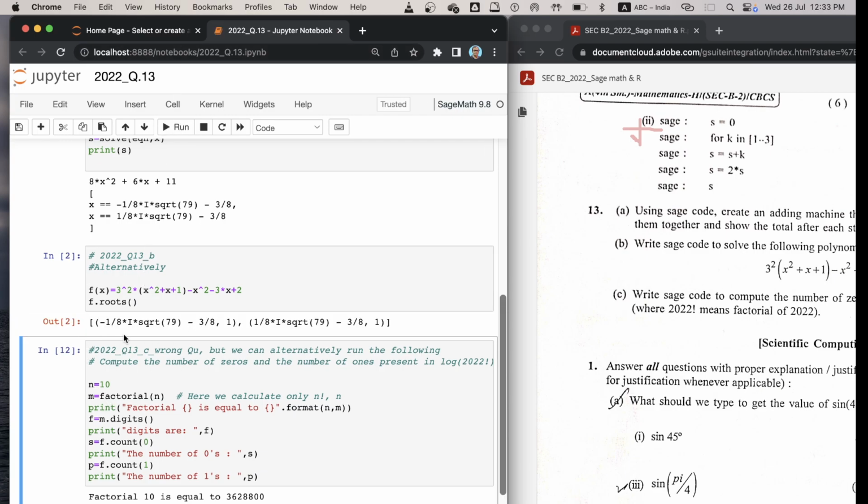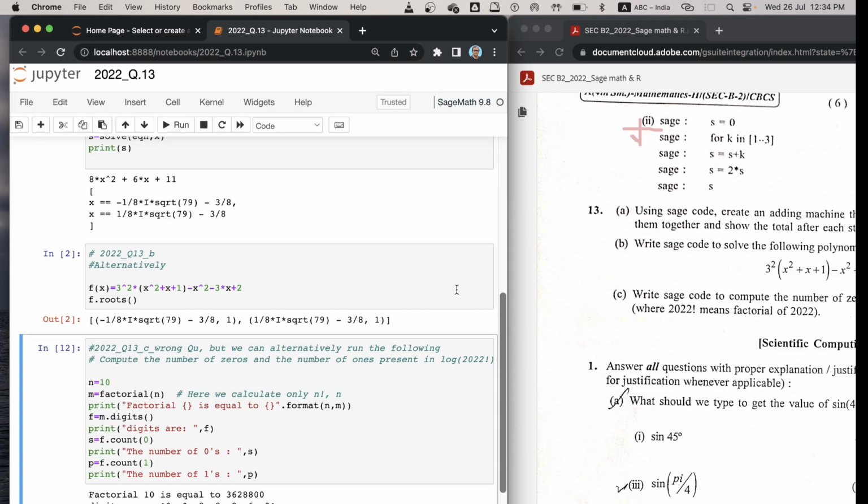The first root is this, and the second root is this: minus 1 by 8 I square root 79 minus 3 by 8, comma 1, and this comma 1.